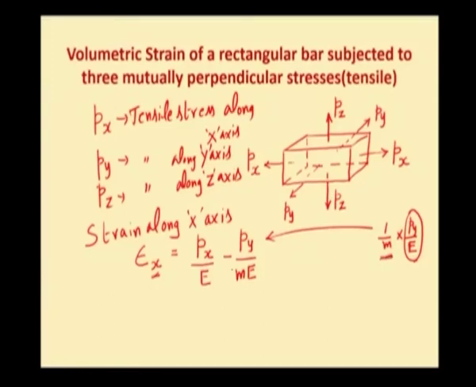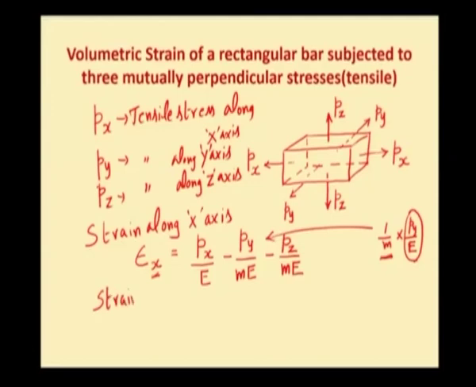So, that is why here we have the term py divided by m E. Negative sign indicates that because of the applied force px, the y direction will undergo contraction. Then again we have minus small pz divided by m E.